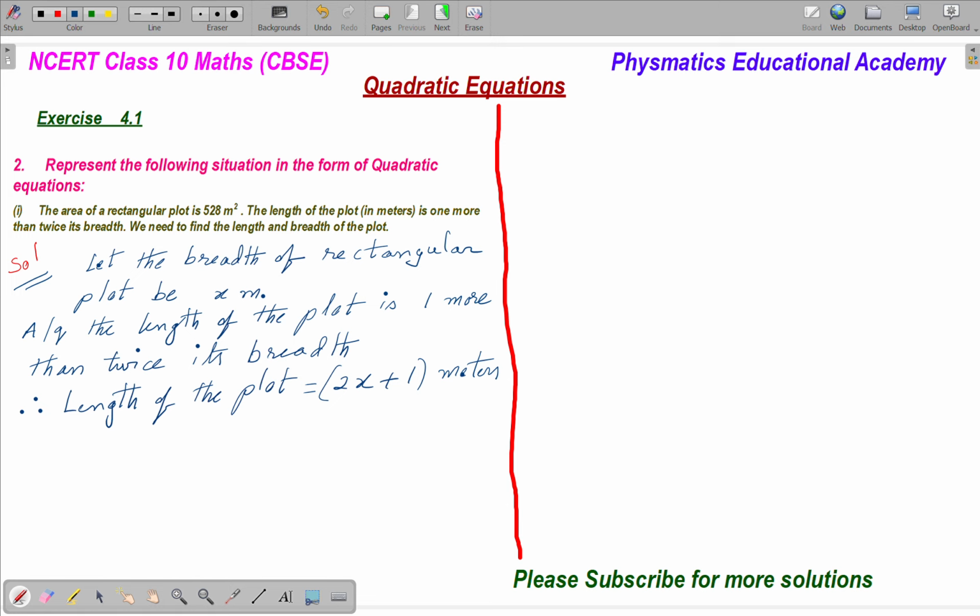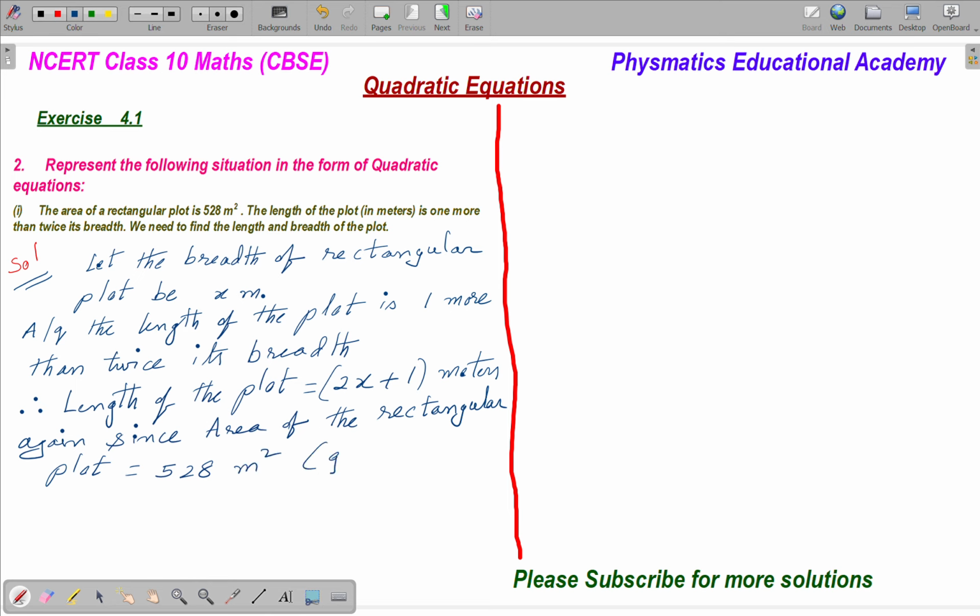Now we know that according to the question, again, since the area of the rectangular plot is equal to 528 meters square.